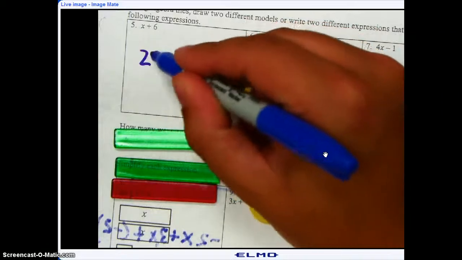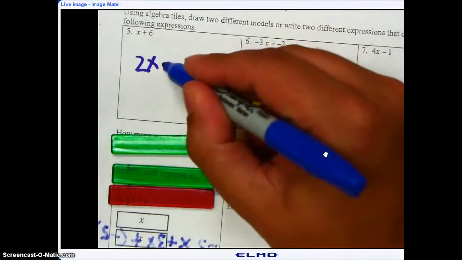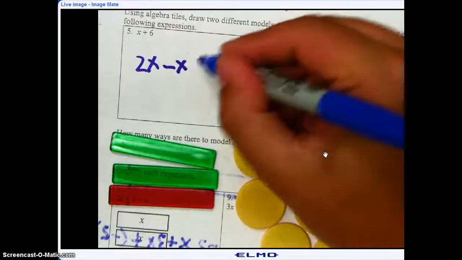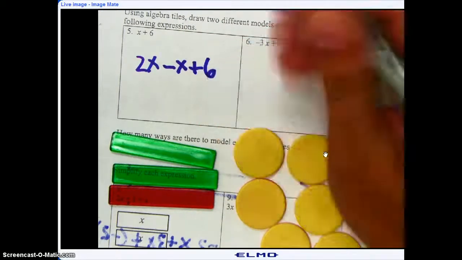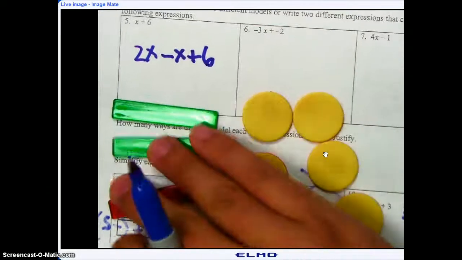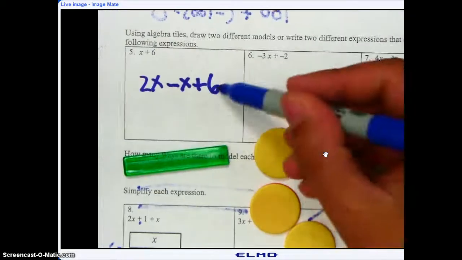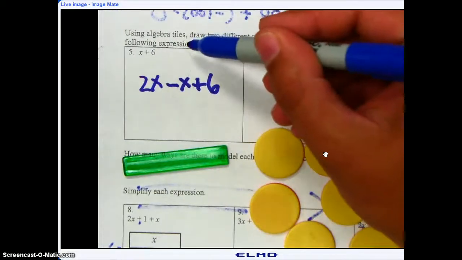So 2x. How many negative x's? 1. So minus 1x. How many units? 1. Now if I take away my 0 pairs, will it equal x plus 6? Yeah. So this would simplify to equal that. That's what you're trying to get.